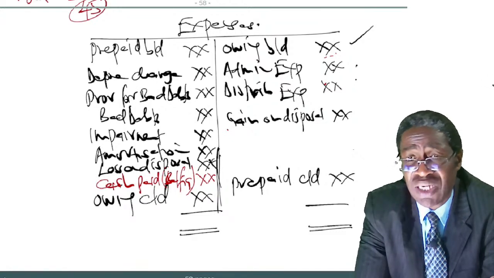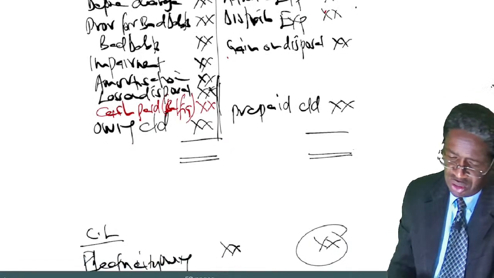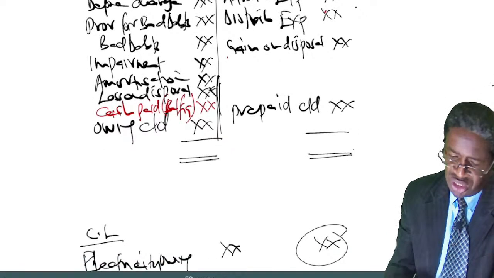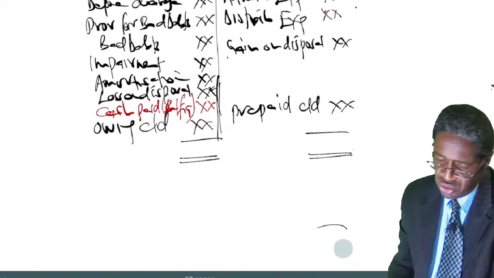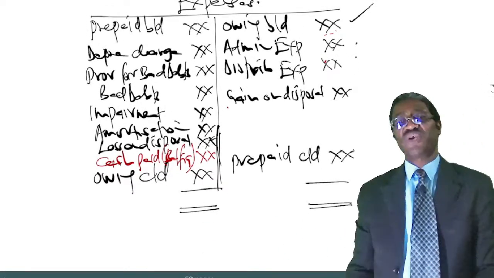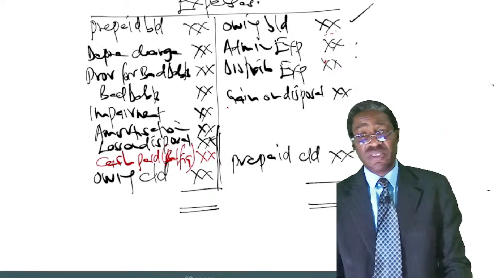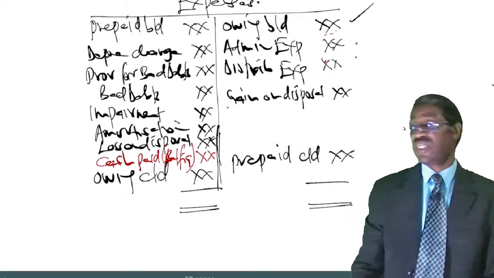Okay, so copy that. Then we shall put an NB for the gain or loss on disposal. But otherwise, just copy. Then you get whatever it is as a balancing figure to be the cash paid for all the services rendered.